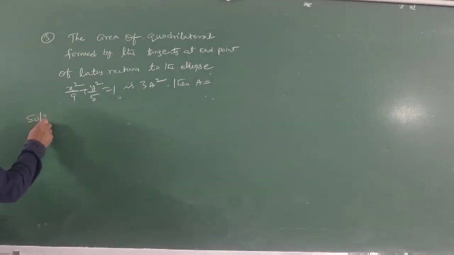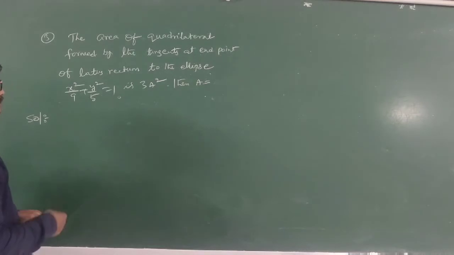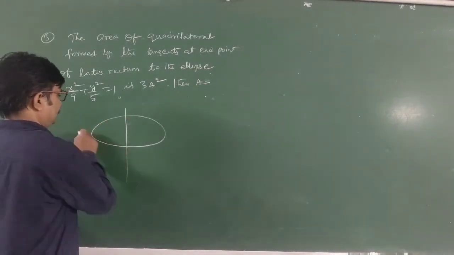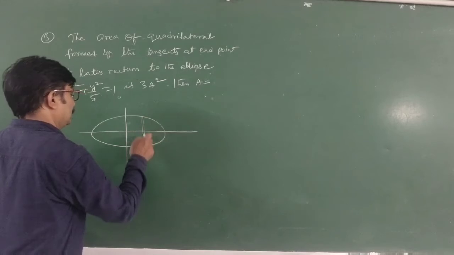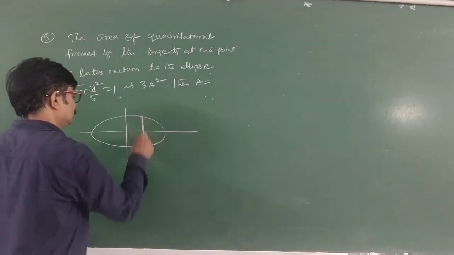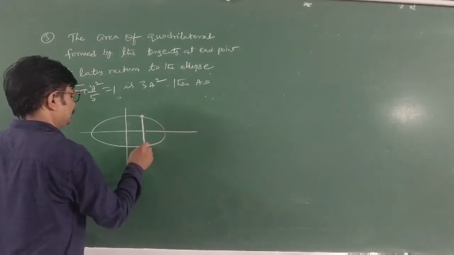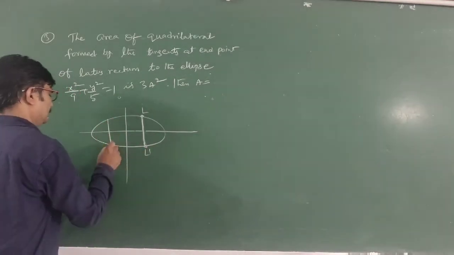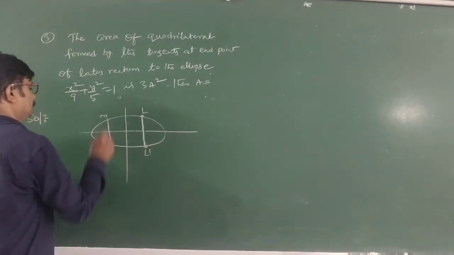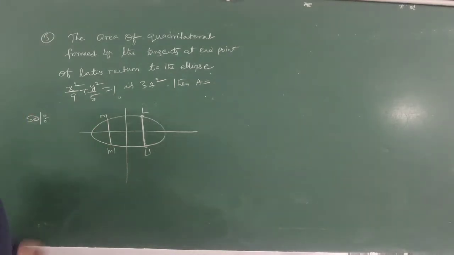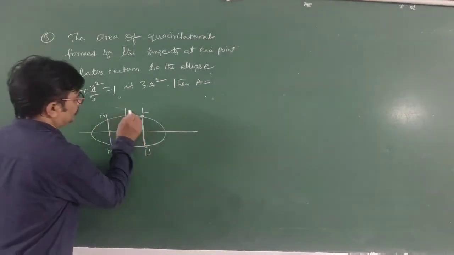Dear students, so what we observed, this is the ellipse. Now these are the endpoints of the latus rectum. This is the first point, this is L dash, and another one, these are M dash. My dear students, now we can draw the tangent here.